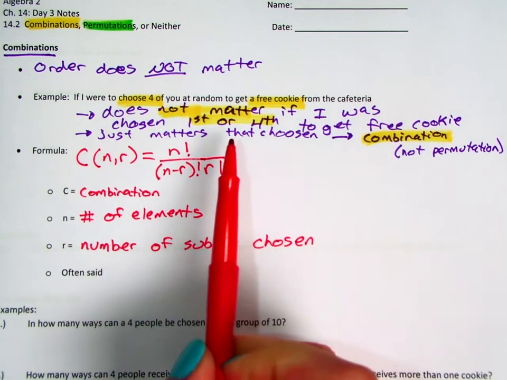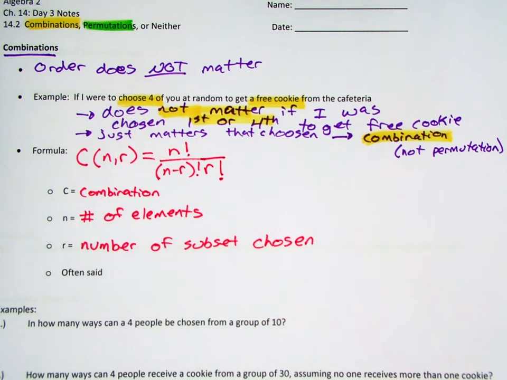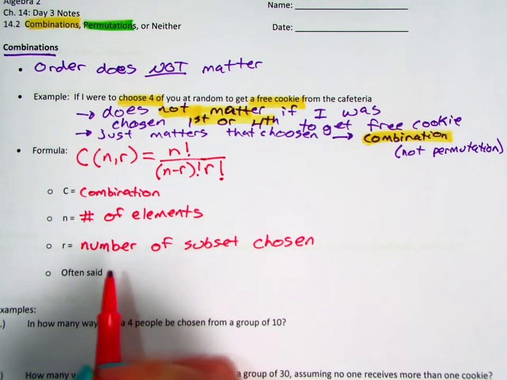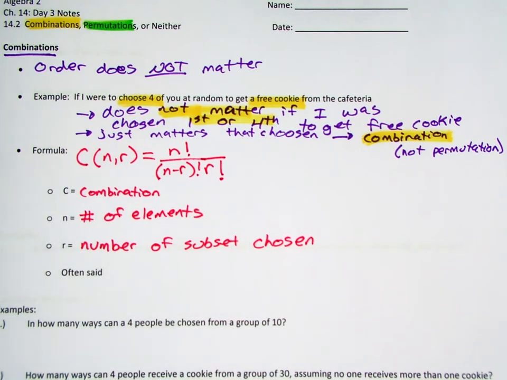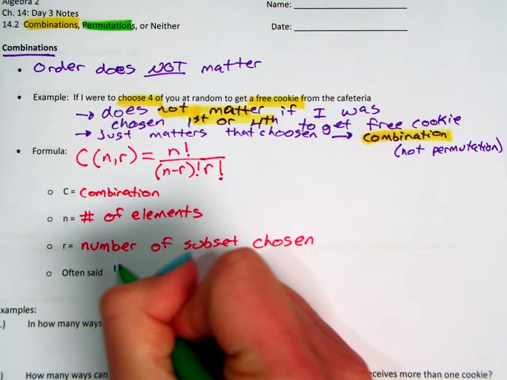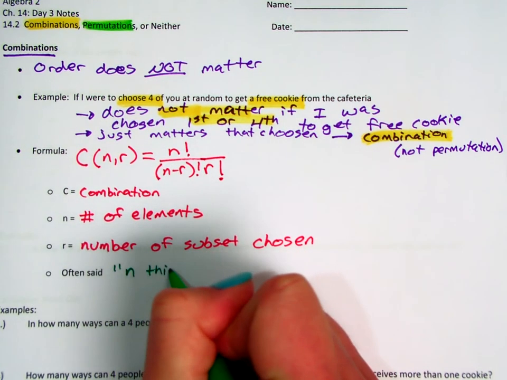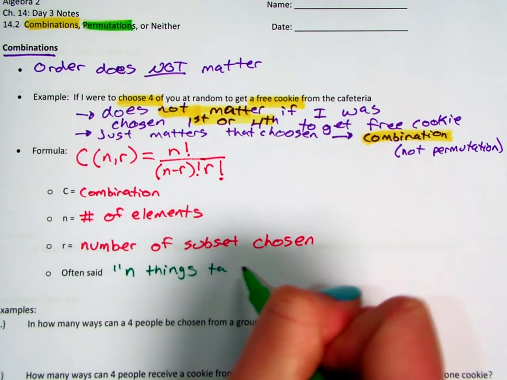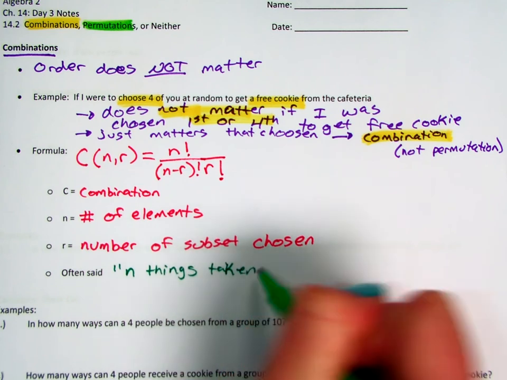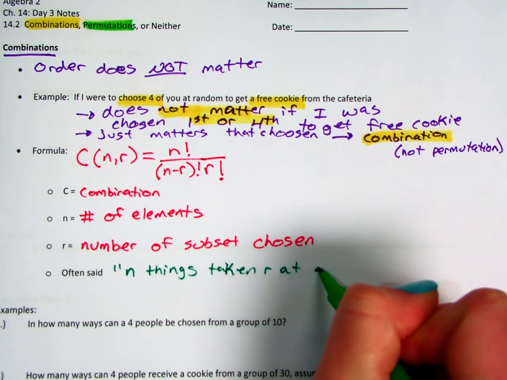So for example, here we're choosing 4 of you, so 4 would be R. It is often said that you can think of it as n things taken r at a time.